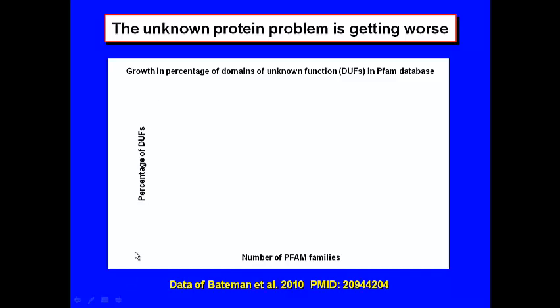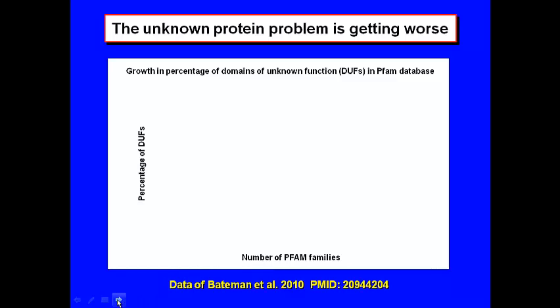In PFAM, things of unknown function are helpfully called DUFs, domains of unknown function. The lower the number, the more genomes have this domain of unknown function. So DUF1 would be present in every genome, whereas DUF 1 million means it's just present in one or two. This is something I actually learned not long ago.